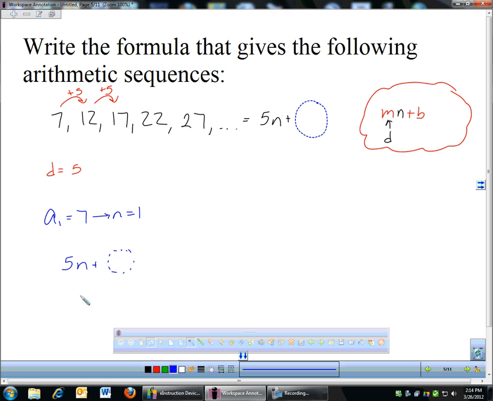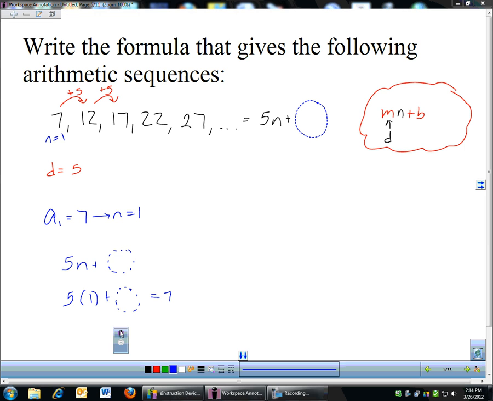So 5 times 1 plus some number needs to give me 7. 5 plus some number equals 7, and use your advanced math to figure out that the number has to be 2. So my formula is 5n plus 2.